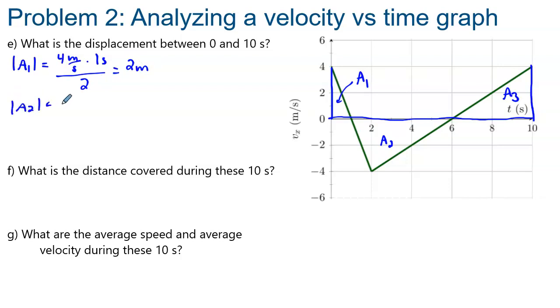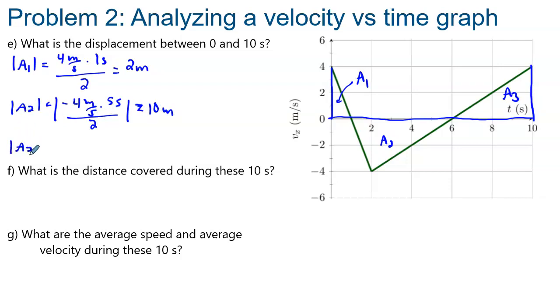And for A2, the height is now minus 4 meters per second. But anyway, I want to take the absolute value, so I won't care about that. The time interval that we have to use, which is the base of the triangle, will be 5 seconds. And again, because it's a triangle, I want to divide by 2. So this means I have 10 meters in here as the area for A2.